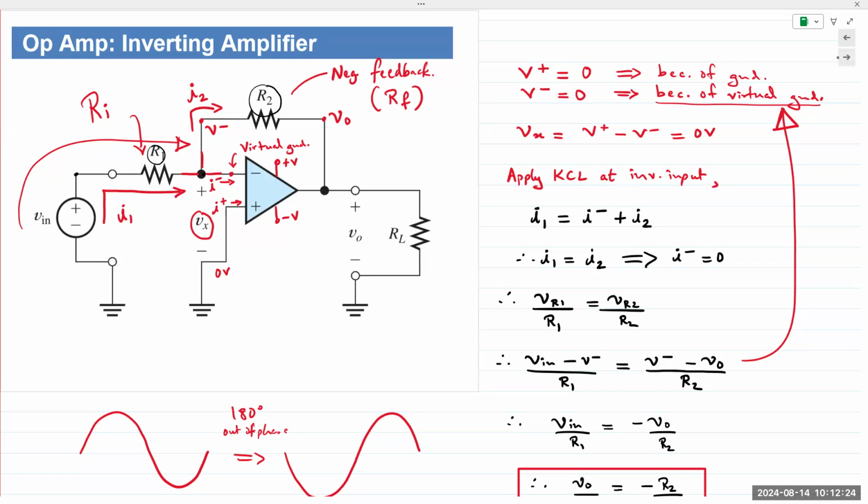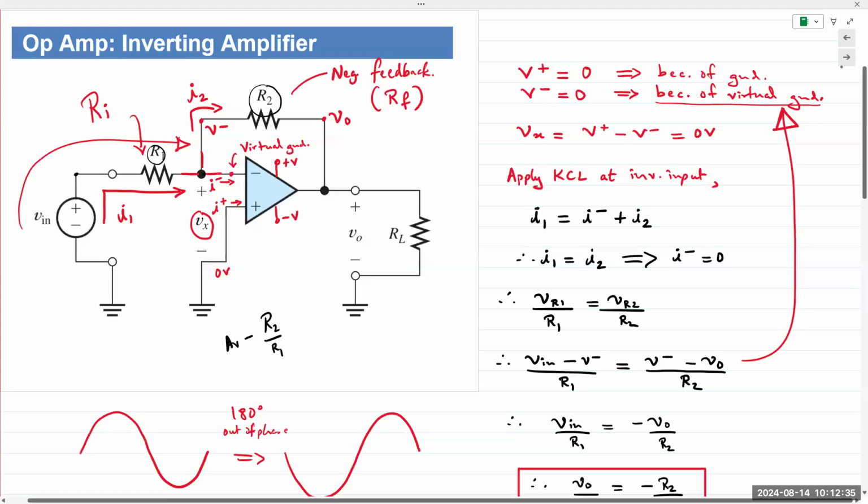Secondly, if you wish to have a certain value for the gain, it is, of course, given by the ratio of R2 over R1. The gain is minus R2 over R1, anyways, the ratio of R2 to R1. So in certain conditions, we are limited by the values of these resistances.